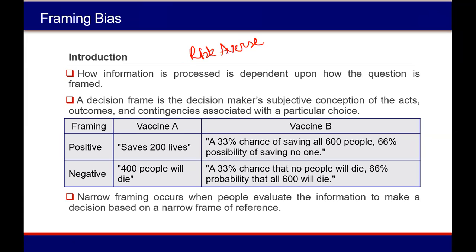But when the statement is negative, people try to exhibit a risk-loving tendency. So this kind of technique is now used a lot by news writers. Yeah, that is the way framing is used to influence people's perception.